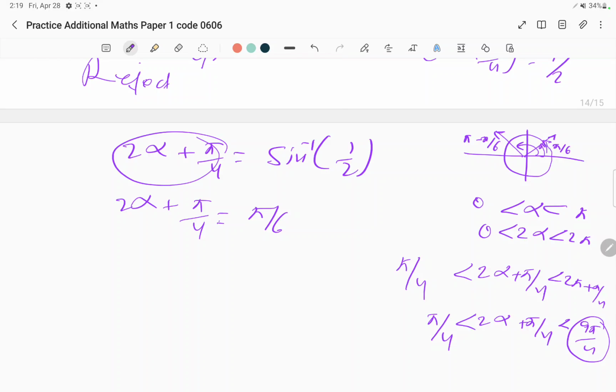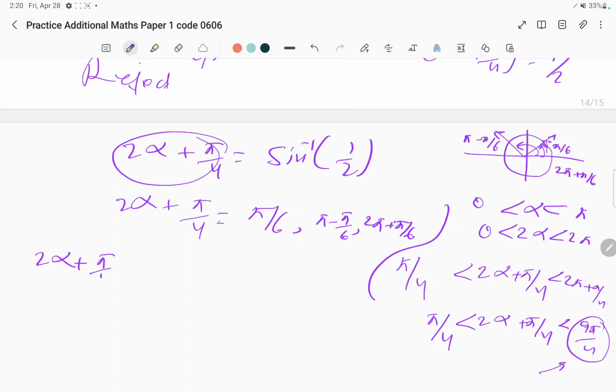So now we can check for that, which is 2 pi plus pi by 6. So here we can get 2 pi plus pi by 6, which can come under this condition because it is 2 pi plus pi by 4. Okay, so the answer should be pi by 6, pi minus pi by 6, or 2 pi plus pi by 6, right?